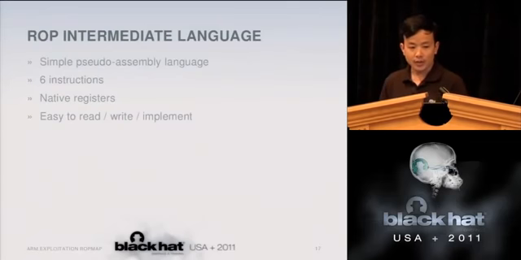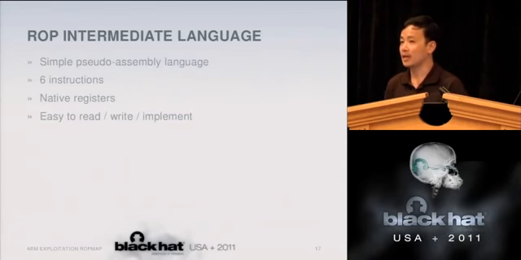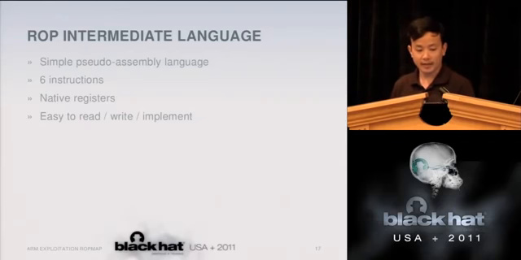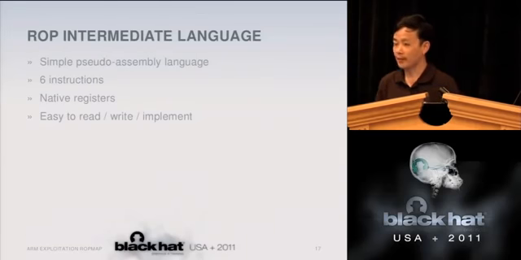So we introduce a language to write the ROP shellcode. It is just a simple procedural assembly language. Everybody is familiar with assembly, so we make it like assembly, so people can learn it easily. It contains only 6 instructions, a very small instruction set, so you can remember it.